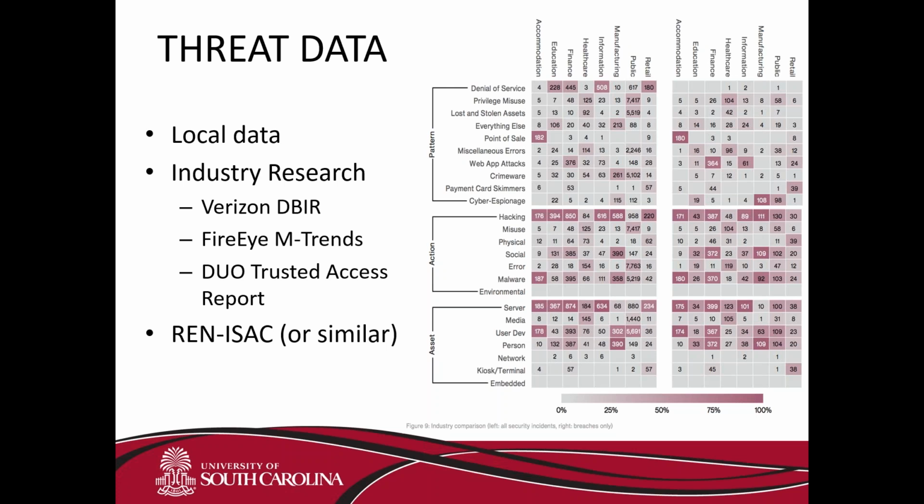And the method or the action that was taken in those was primarily hacking, 387, social, which would be your phishing attempts, and that's 372, and malware, 370, right? And they were typically going against your servers, people in your organization, your network, right?